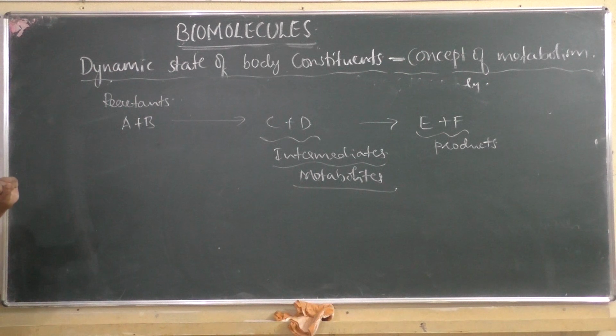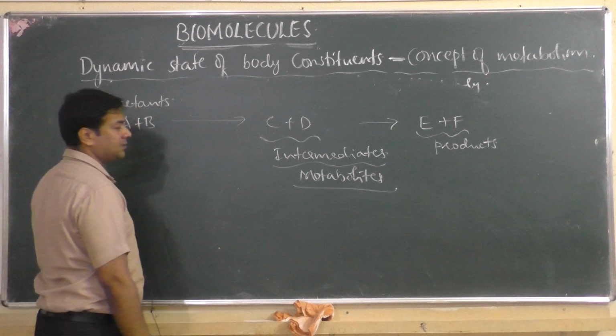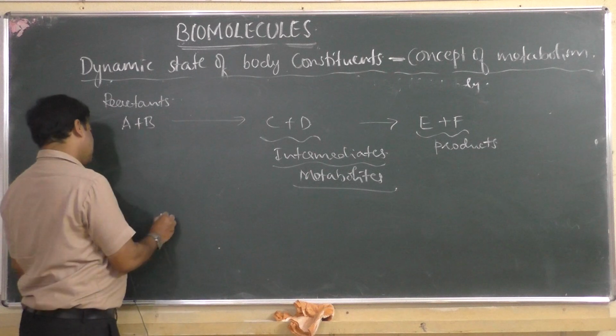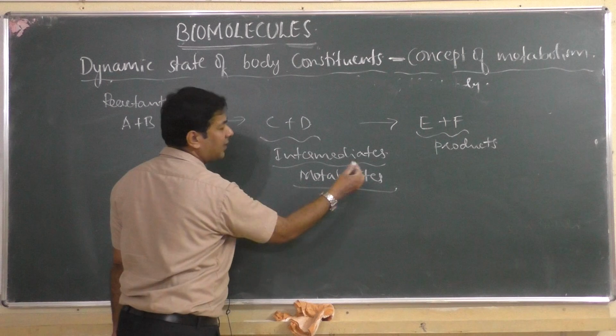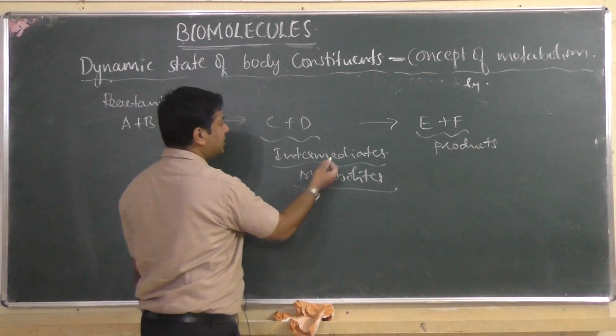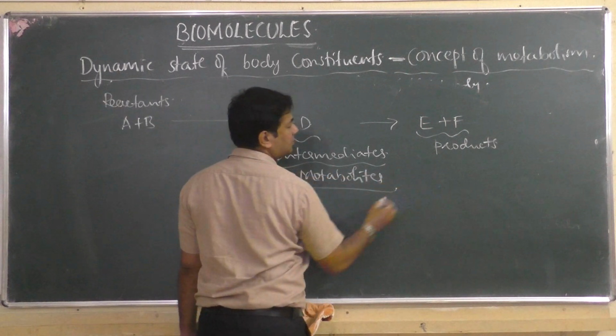So in other words, metabolites are converted to each other in a series of linked reactions called metabolic pathways. Meaning, metabolites continuously react to produce products.